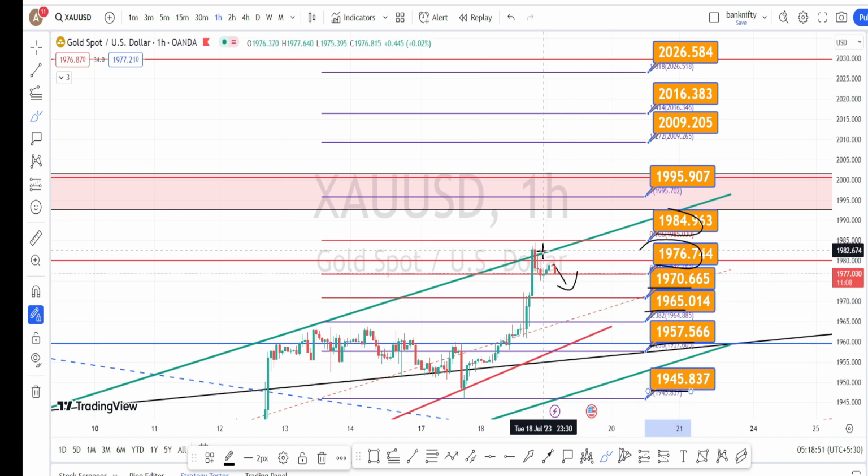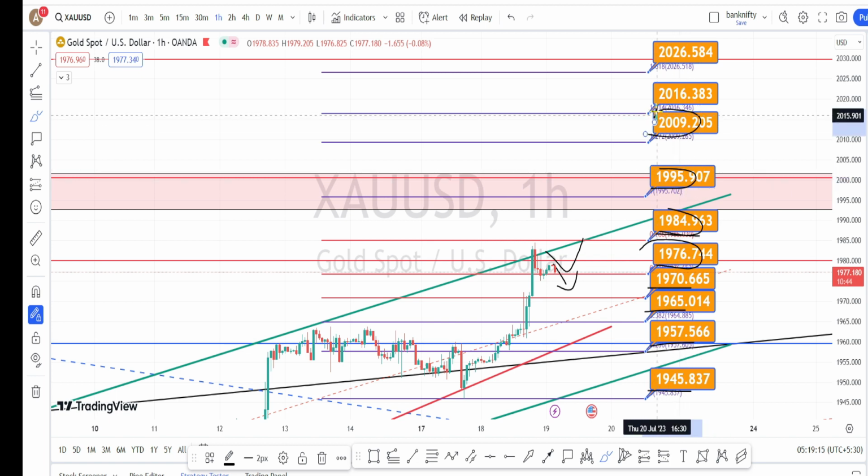And if the price action takes support on the current support level of 1976 and continues its bullish side retracement, breaking the current resistance level of 1984, the next levels of resistance are going to be around 1995, 2009, 2016 and 2026 on the bullish side.